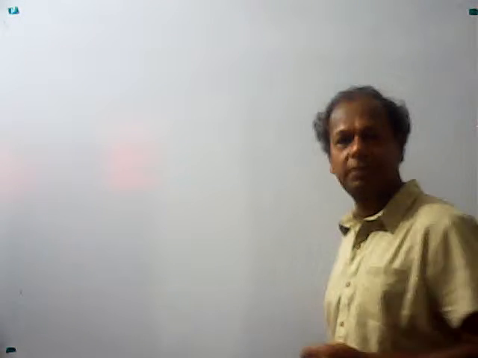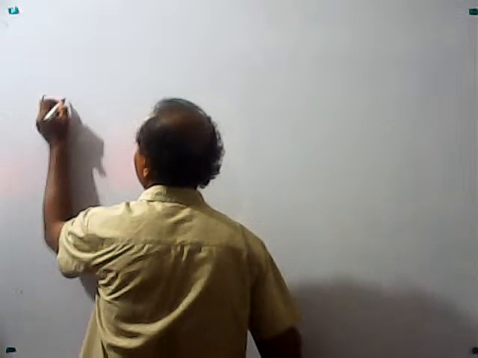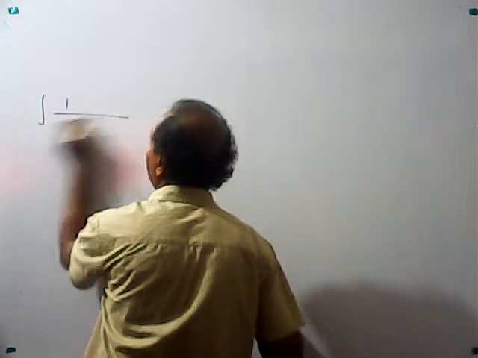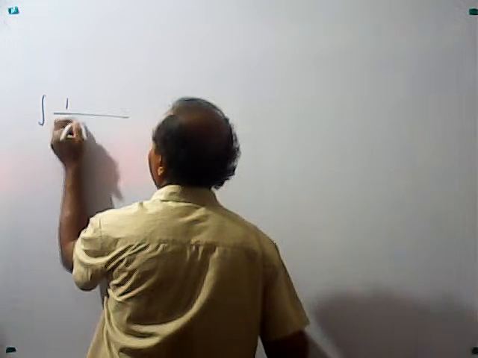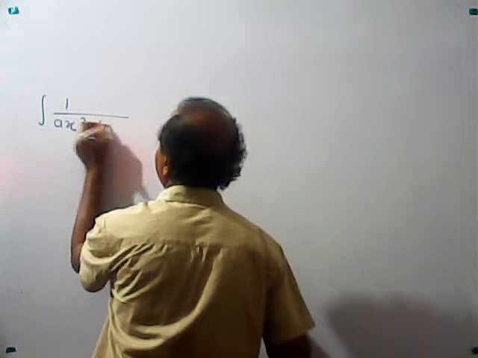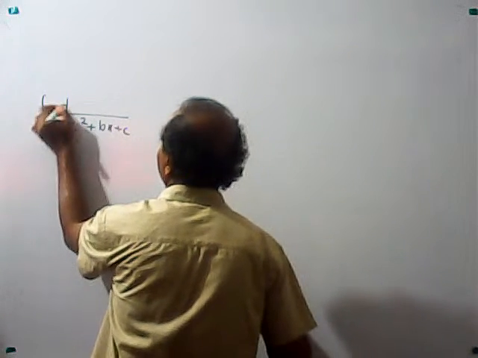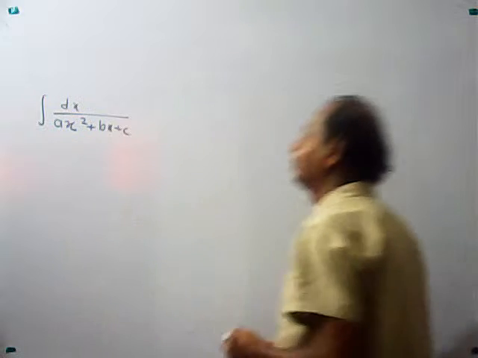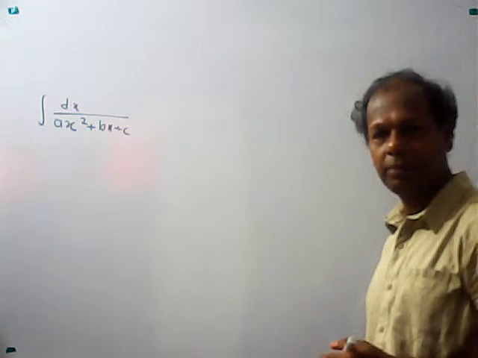Okay, so let's start. Last day we discussed two cases to integrate functions of the form 1 over a quadratic, ax squared plus bx plus c. We discussed how to solve this type of problem.